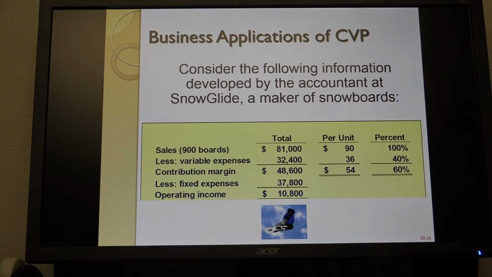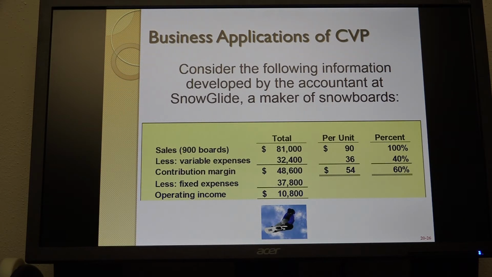And then over to the right, you've got your percentages. Sales is always going to be 100%. And then whatever variable expenses are of that total, 32,400 is 40% of 81,000. 36 is 40% of $90. And so what you're left with is a contribution margin ratio of 60%.